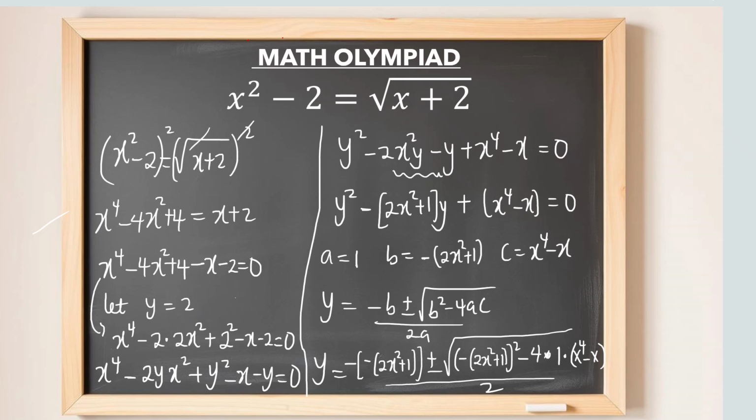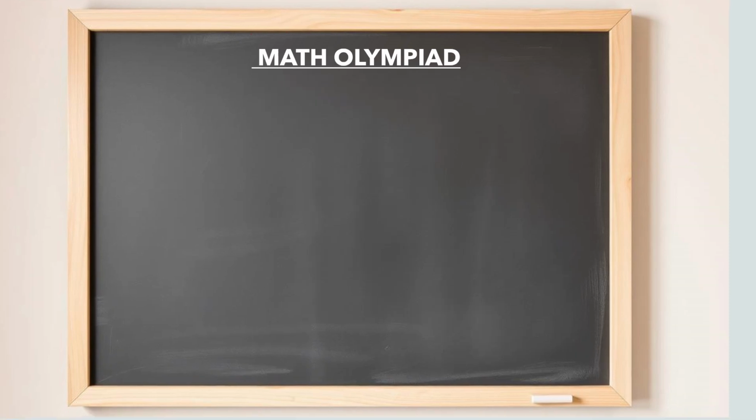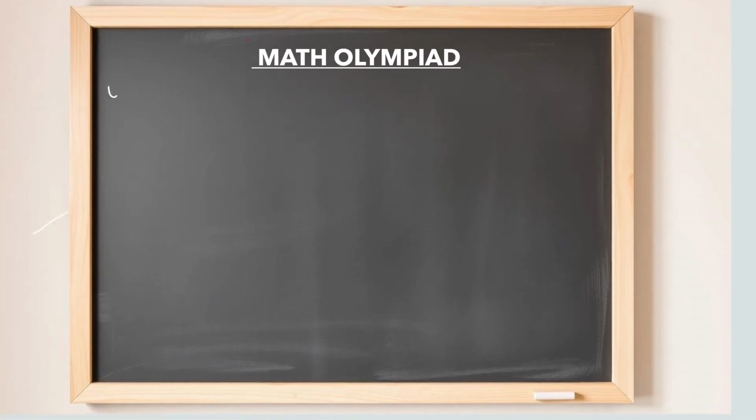So simplifying this further in the next slide, here my y is going to be the negative of negative, which is 2x squared plus 1, plus or minus the square root.